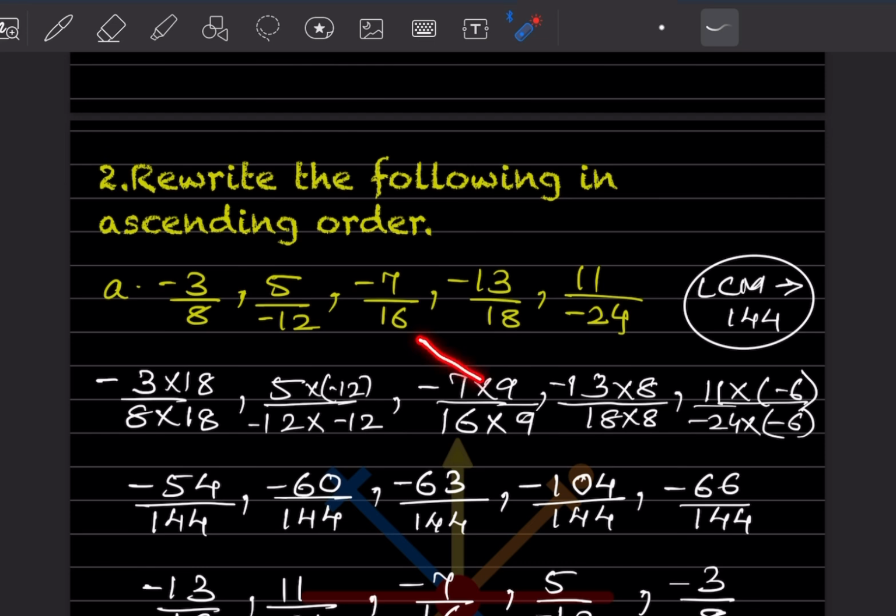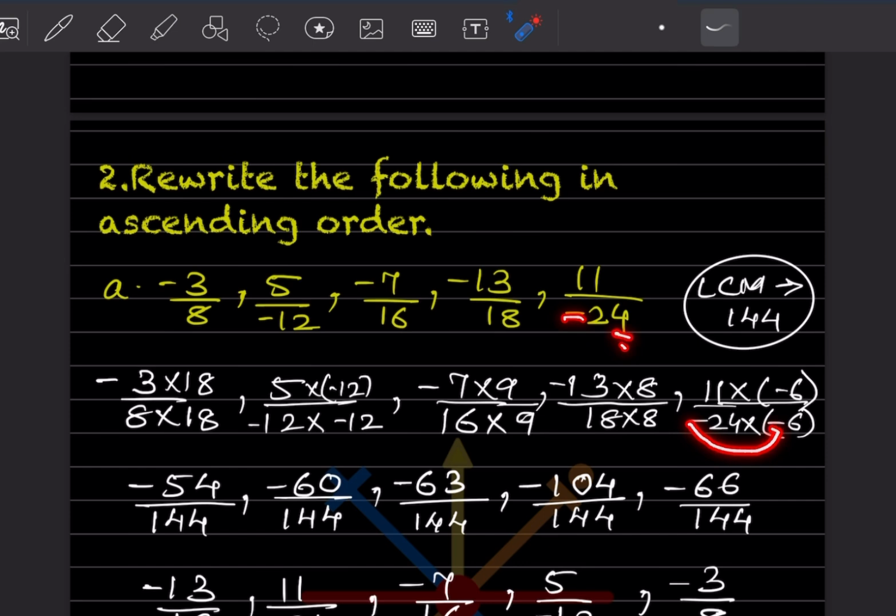Again for this one, 16 into 9 is 144. So 16 nines are, so this also should be multiplied by 9. Here 18 eights are 144. So this also should be multiplied by 8. So here, now you can see this is negative. So just say negative, negative is going to be positive.